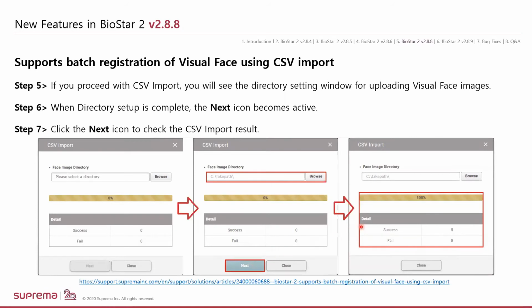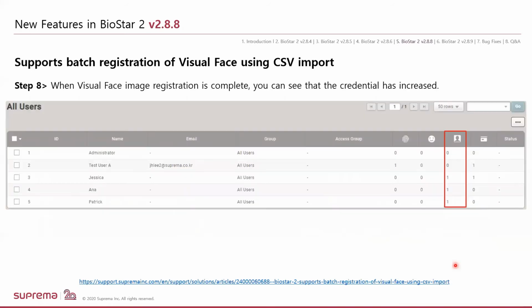Step 7. Click the Next icon again and check the upload result. Step 8. When visual face image registration is complete, you can see that your visual face credential has increased.